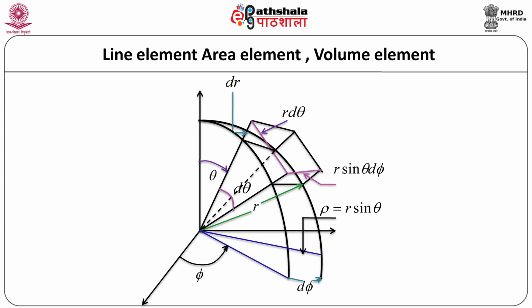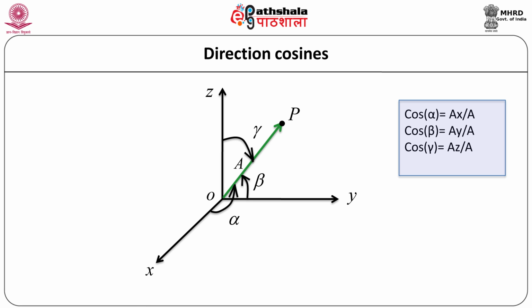One more important concept is direction cosines. These give information about the inclination of a given vector with the positive direction of x, y and z axis.